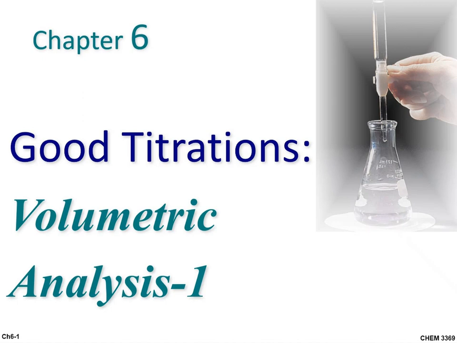Today we're going to talk about titrations, and especially about volumetric analysis. So that's going to be the topic of today's lecture. The titration methods that we are going to introduce today are often called titrimetric methods.